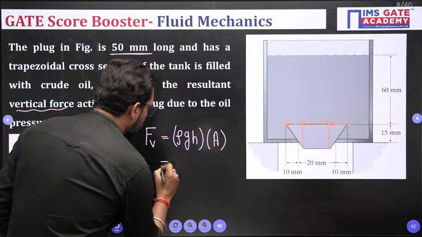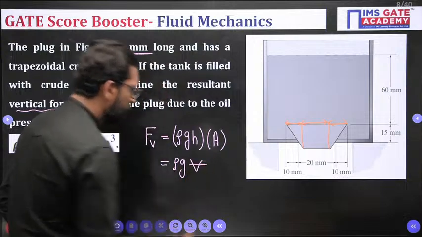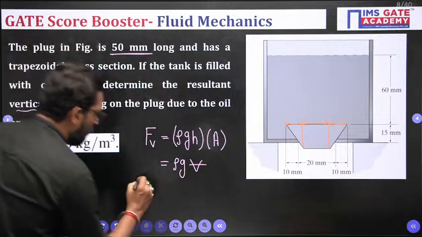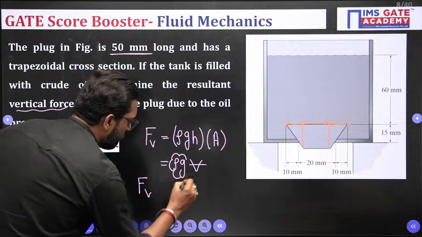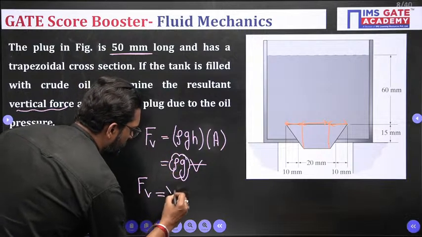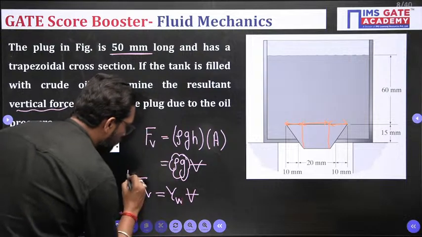So rho g h into area is volume. This h into area is volume. So what is the vertical force? Rho g is your gamma. That means gamma of water into volume. So this is the vertical force.